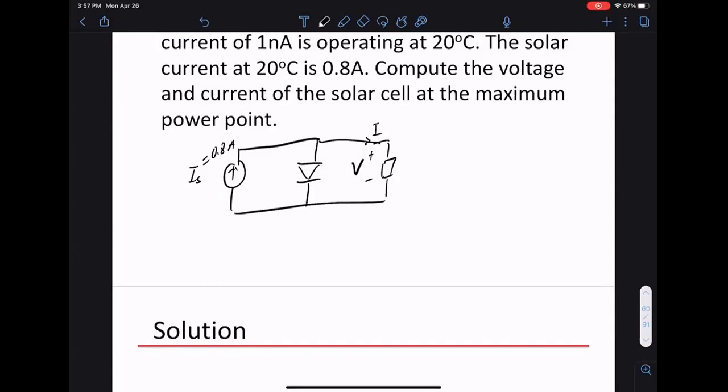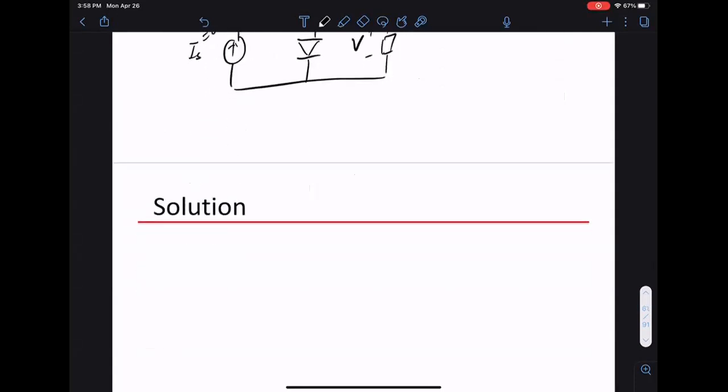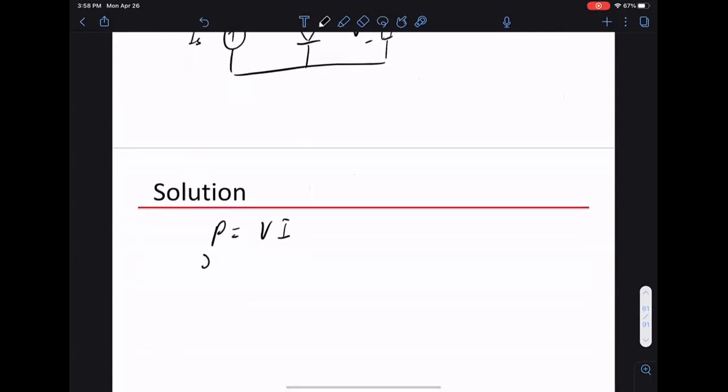So you take a derivative, set it to 0, and try to find what that is. We have power as voltage times current. So maximum power draw means I want the derivative with respect to voltage to be 0. So we want to solve this to find the voltage that solves this equation.